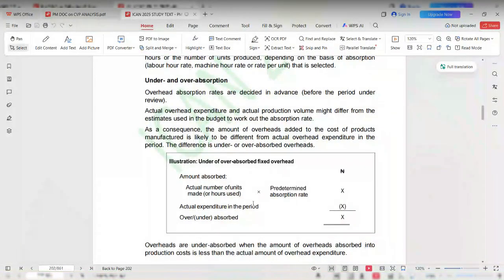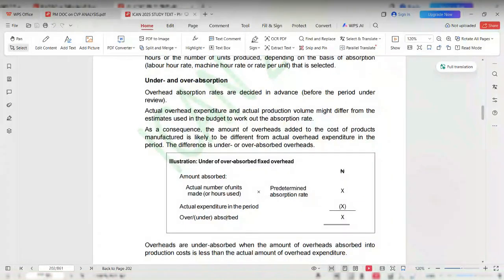All right. So we can either have under or over absorbed overhead. Under or over absorbed fixed overhead: amount absorbed is the actual number of units made multiplied by the predetermined absorption rate. Then we have actual expenditure in the period.